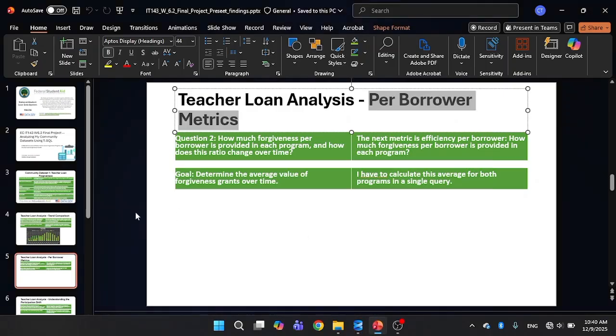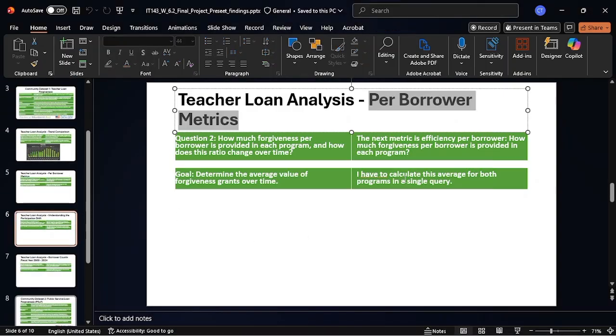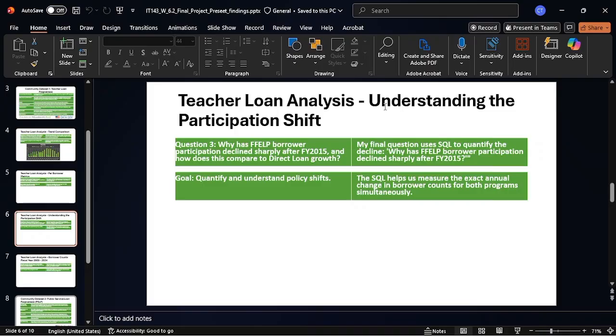Okay, next we will try to understand the participation shifts. Our question is, why has the Federal Family Education Loan Program borrower participation declined sharply after fiscal year 2015, and how does this compare to direct loan growth?